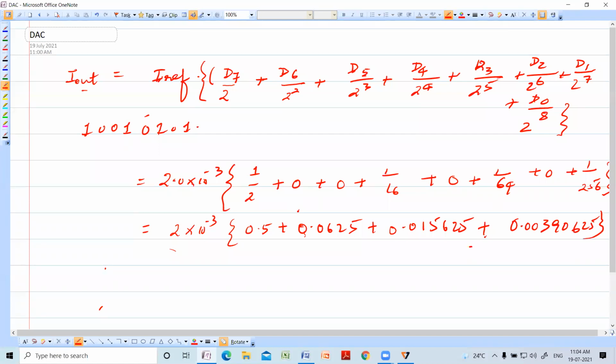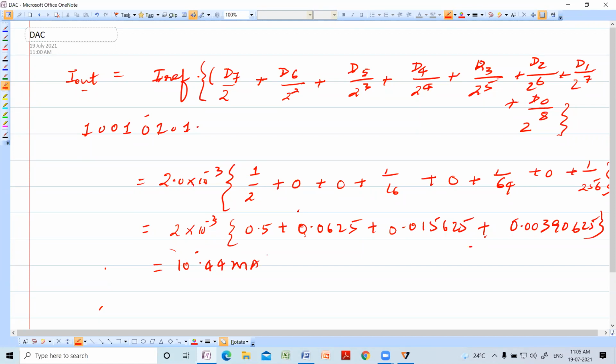So plus 0.015625 plus 0.0625 plus 0.5, multiplied by 2. It is about 10 milliamps. So approximately you are going to get 10.44 milliamps.